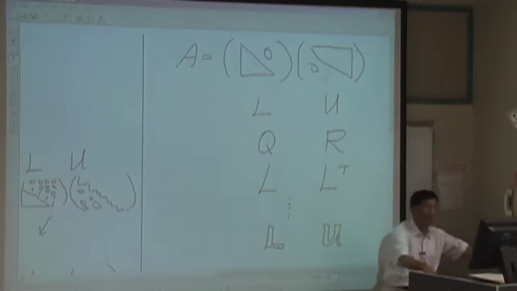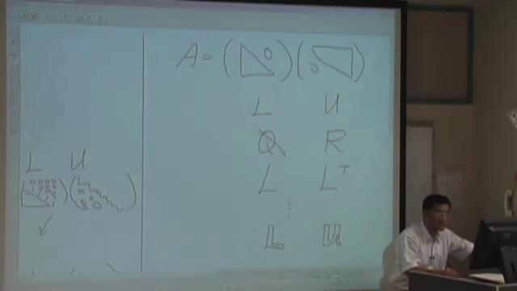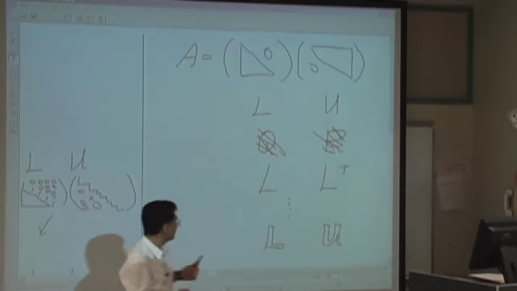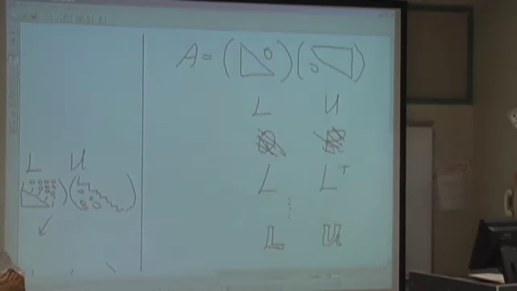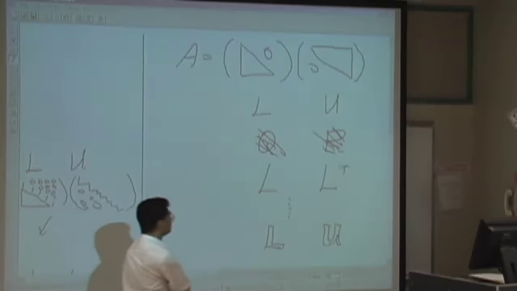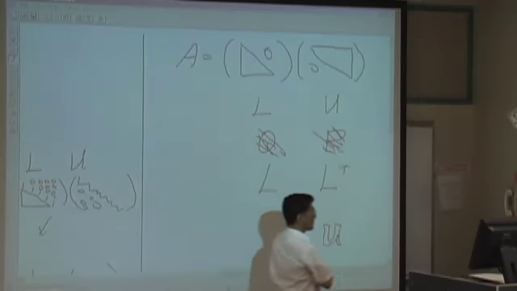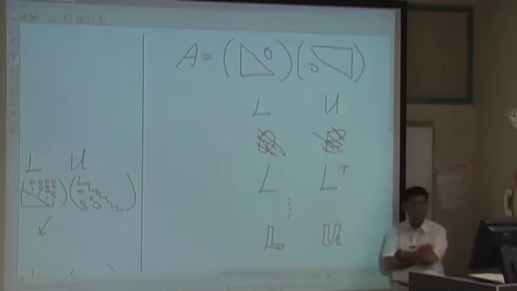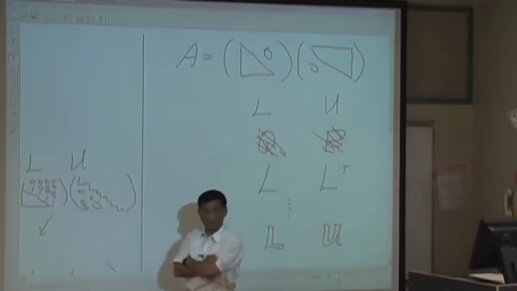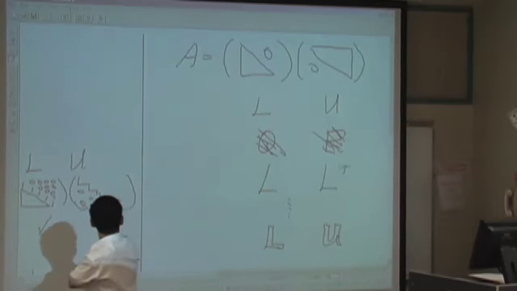Oh, sorry, QR is a different story. I was confused. QR is a different story, but LU or L transpose and different L are different. QR is just a decomposition, but not lower or upper triangular. So this kind of direction will be studied very soon. If you have a question, ask me. If you don't, then we'll continue.